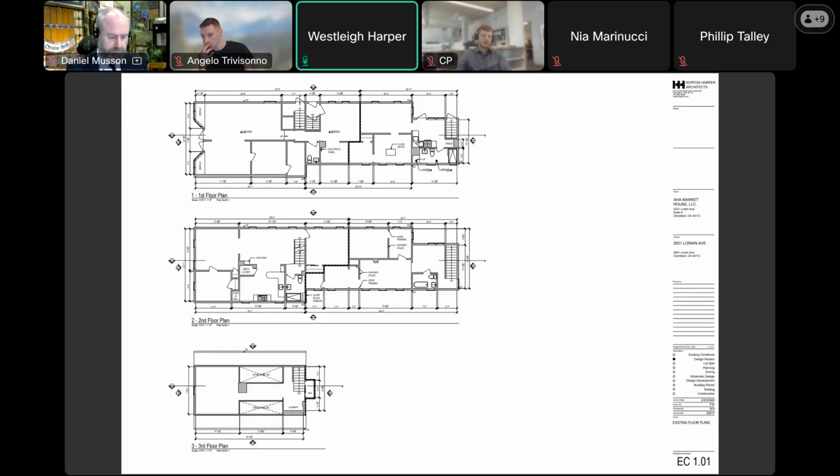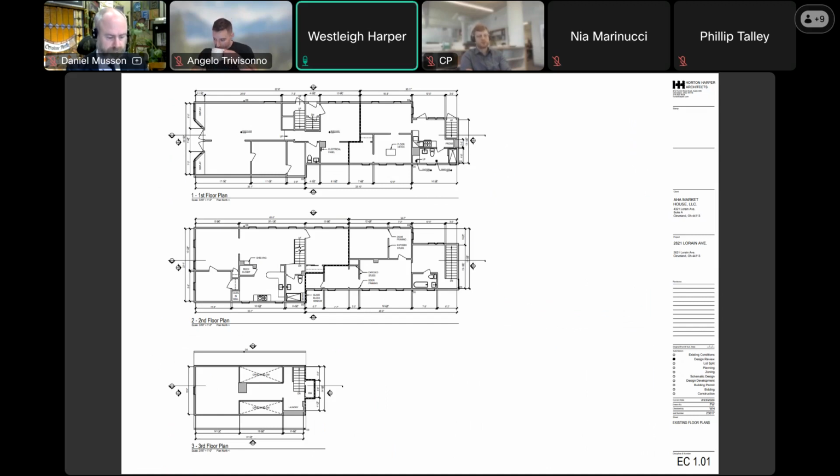Here are the existing floor plans. You can see that we have, again, on the first floor, a retail space, and then an apartment in the rear. On the second floor, we have a couple apartments there. And then on the third floor, it is a loft for that northernmost second floor apartment. And so essentially, all of the interior partitions would be demolished.